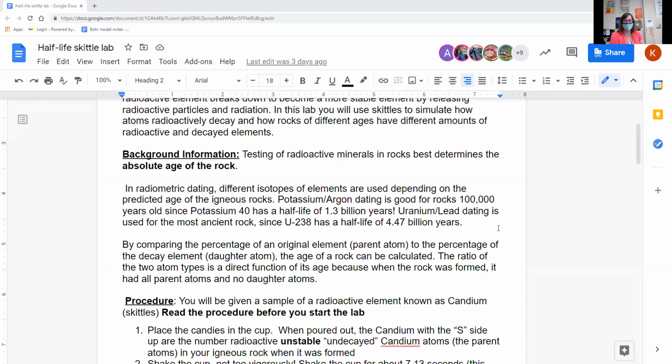Uranium and lead dating is used for the most ancient rocks, since uranium-238 has a half-life of 4.47 billion years. By comparing the percentage of an original element to the percentage of the decayed element, the age of a rock can be calculated. The ratio of the two atom types is a direct function of its age because when the rock was formed, it had all parent atoms and no daughter atoms.